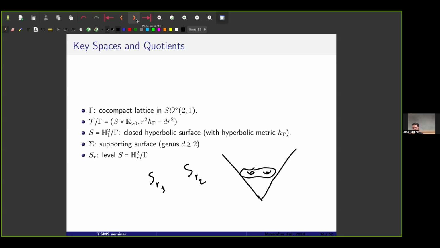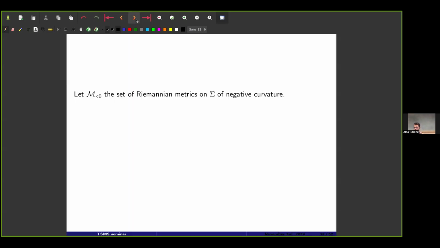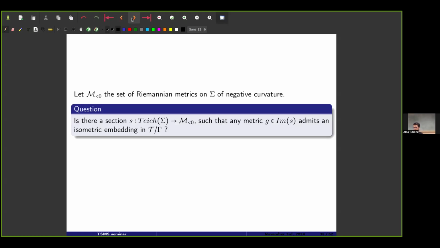So let's change the question a little bit. We have a problem with hyperbolic metrics, but we can still embed negatively curved metrics. So let's take the set of negatively curved metrics on sigma and ask the same question.